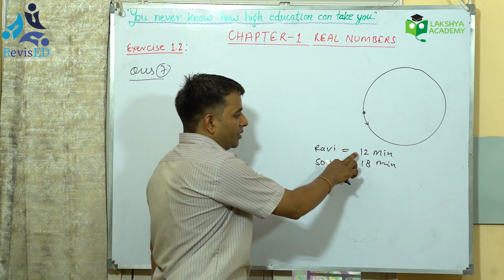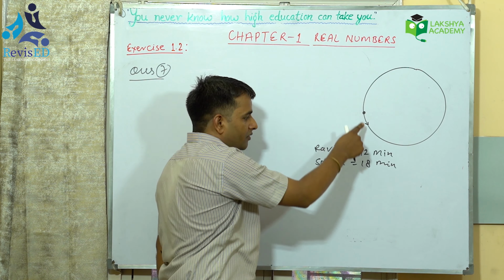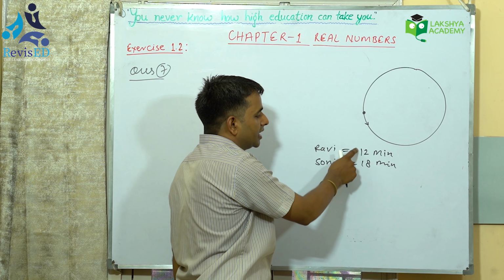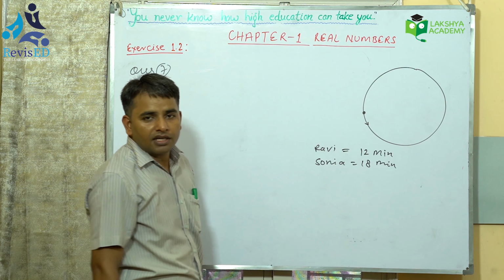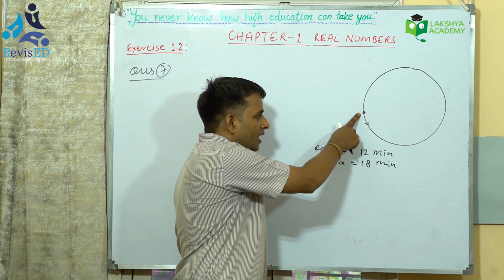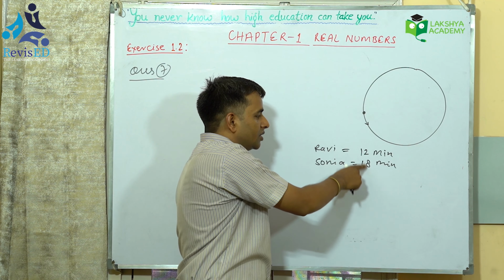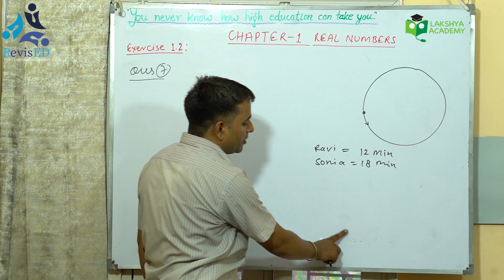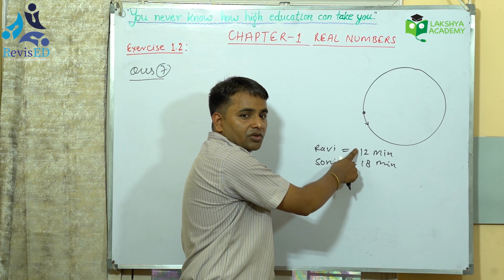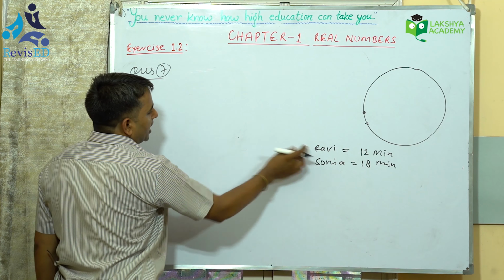Before 12 minutes they cannot meet. They will start at this point. Ravi will take 12 minutes to complete this circle and Sonia will take 18 minutes. So they can never come together again before 12 minutes, because 12 minutes is the minimum time here. If Ravi completes one round in 12 minutes and Sonia in 18 minutes, they will not meet at 12 minutes. So the time taken will obviously be more than 12 minutes. That means we need to find the LCM.